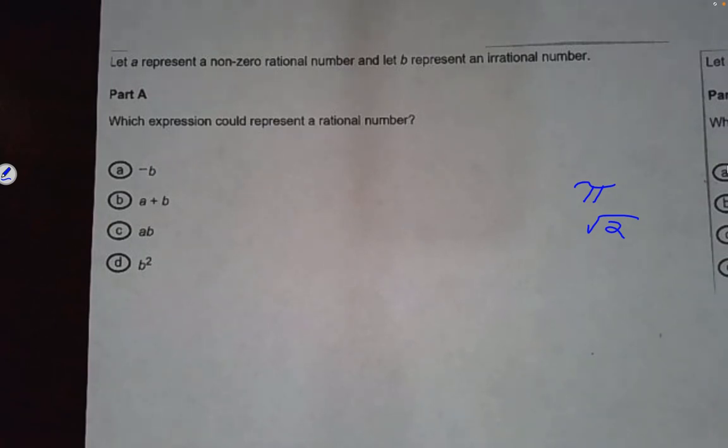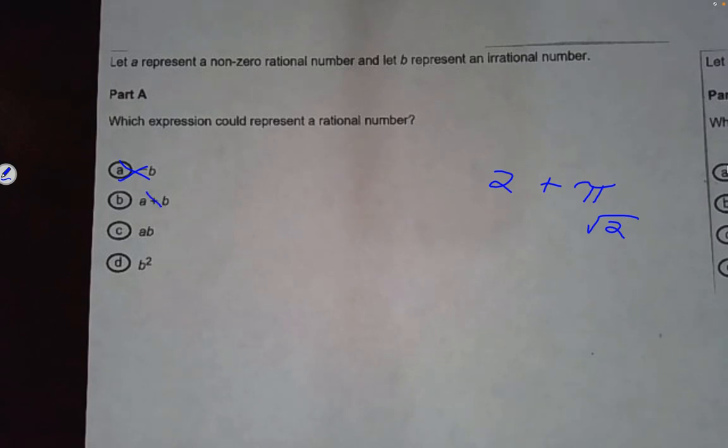If you take an irrational number and make it negative, isn't it still irrational? It's still going on and on. So it's not that one. If I take 2 and subtract pi or add pi, isn't it still going to be a number that goes on and on? Instead of 3.14, it's going to be 5.14159, da da da.